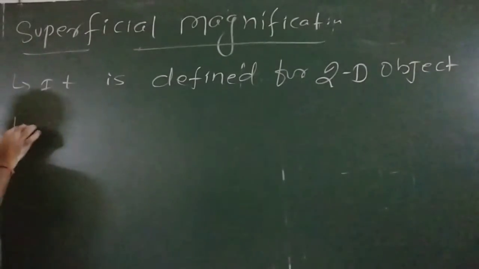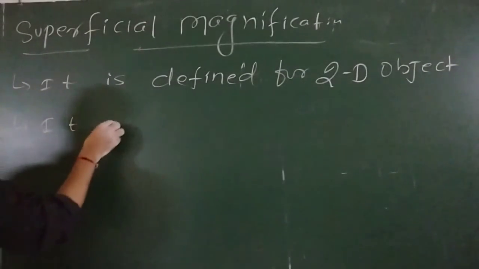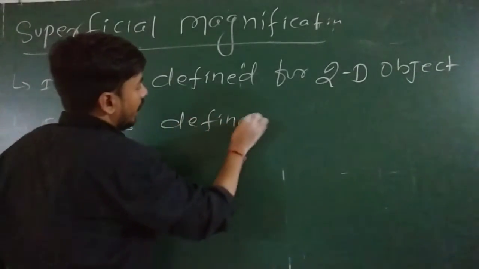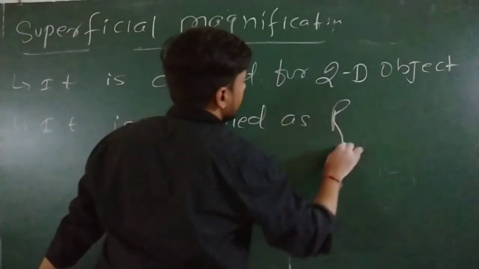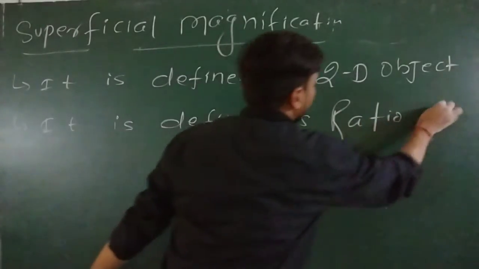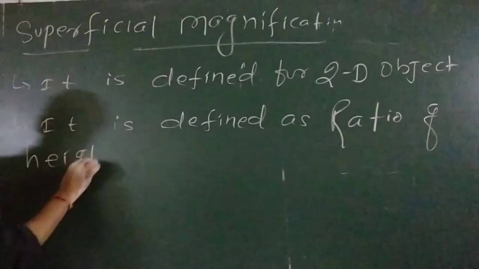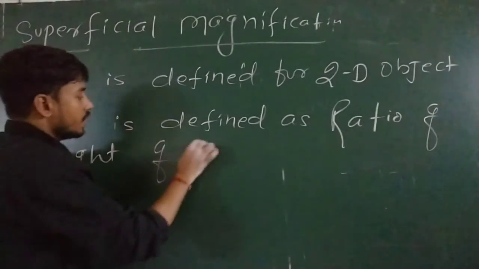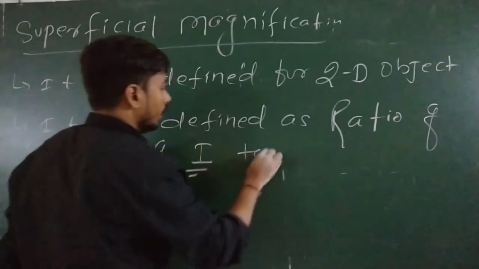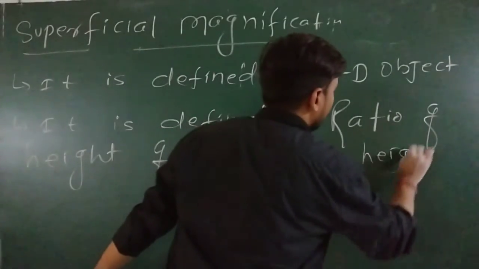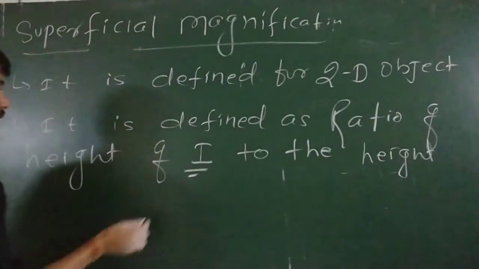I'm writing here. It is defined as the ratio of height of image to the height of object.